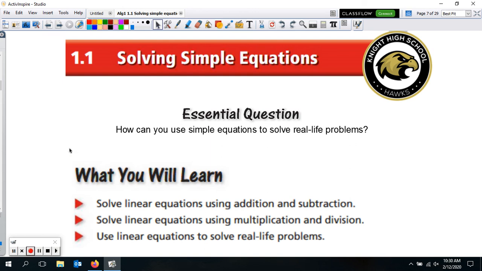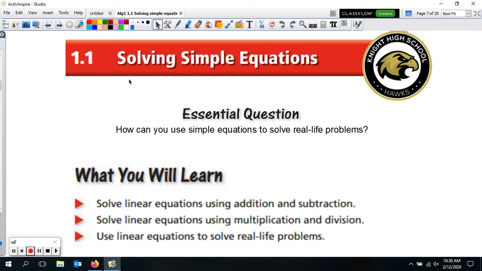We'll see what that really means, but obviously you can maybe see even just from the word linear that it is describing a line. And so even just the picture of these equations, if we were to put them on a graph and make a picture of it, it would just be a straight line. So in this one, we're using addition and subtraction, multiplication and division to be able to solve these linear equations.